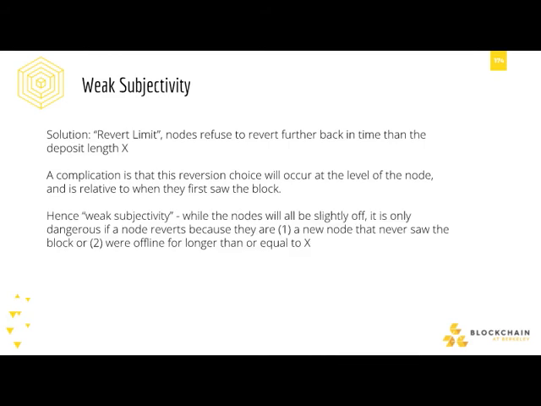So all these nodes are going to be slightly different, but there's only really two cases in which this is concerning. One is if the node is totally new and therefore is willing to revert because it's never seen the block before. The second case is if it was online for more than the reversion limit. It's important to realize that this is a problem, albeit the odds of it being exploited are very low. It's very difficult to have enough nodes that can really be exploited for real reversion.